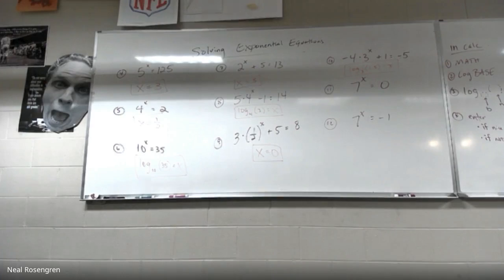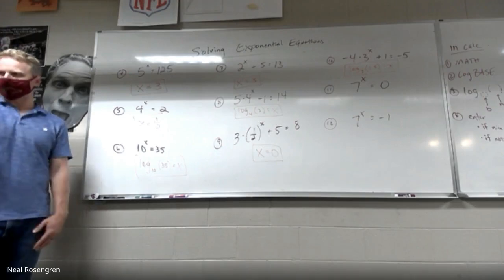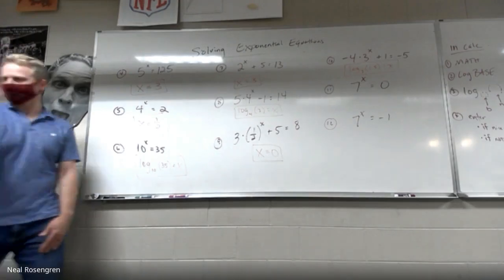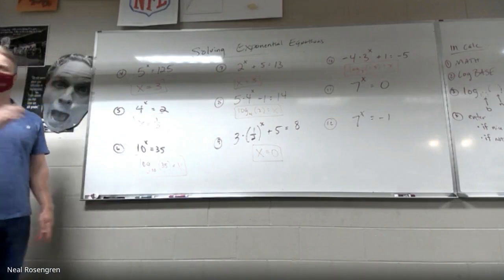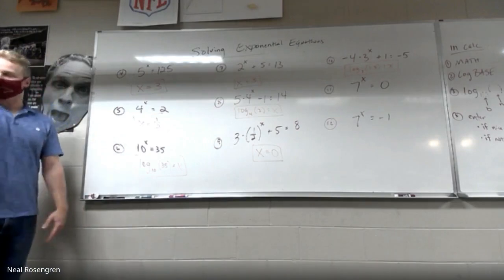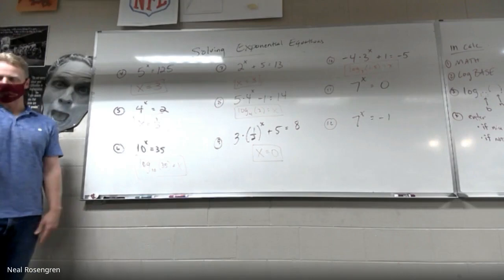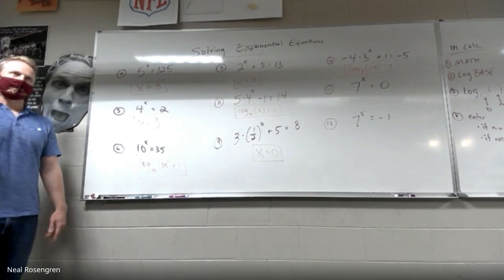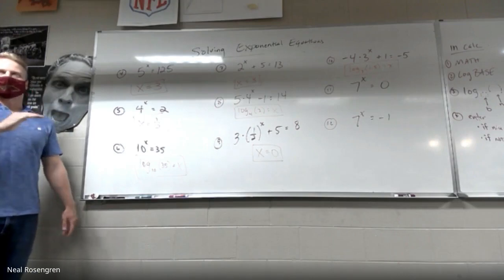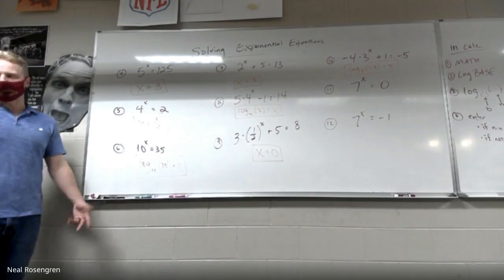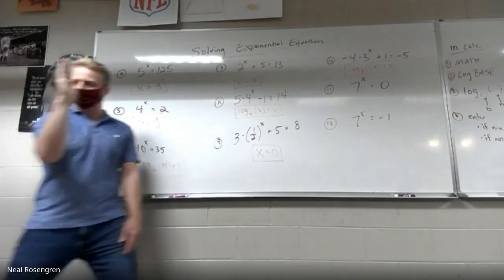For a log, the vertical asymptote is the y-axis unless there's a shift. So if y equals log base b of x. But if they did y equals log of x minus 4, that's a shift of 4.